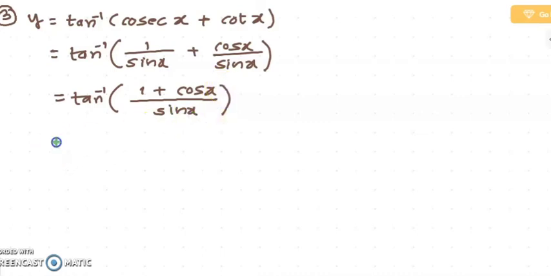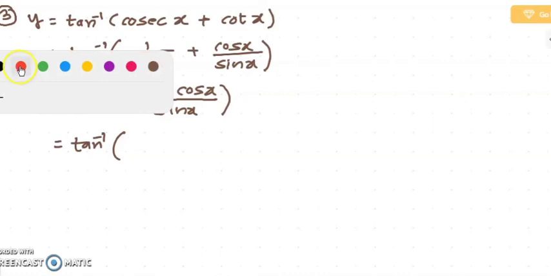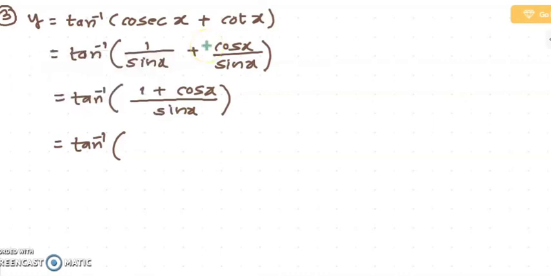Understood? This is tan inverse of 1 plus cos x upon sin x. Now there is another arrangement required here. 1 plus cos x, the half angle formula. You must know the half angle formula. 1 plus cos theta is 2 cos square theta by 2.